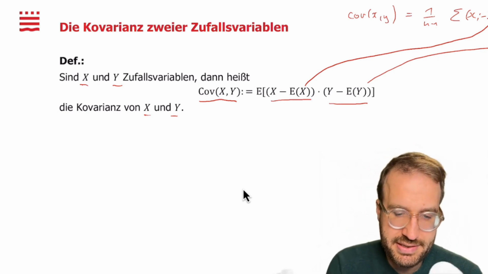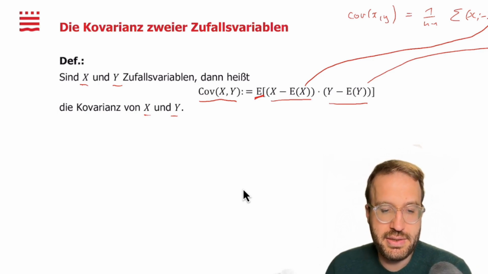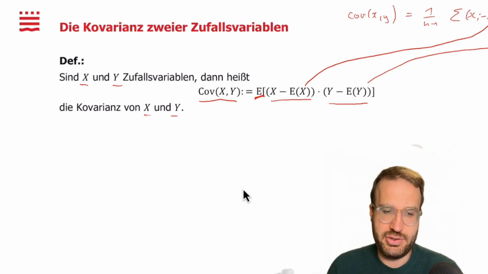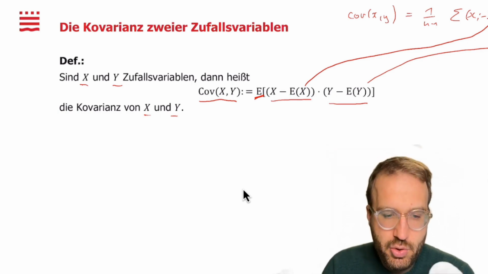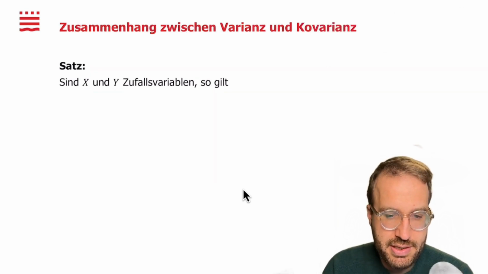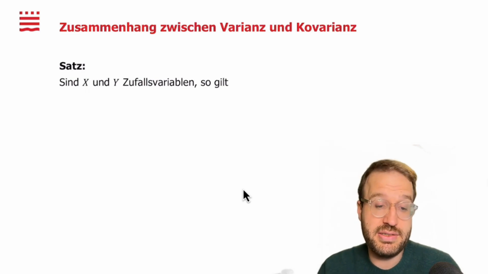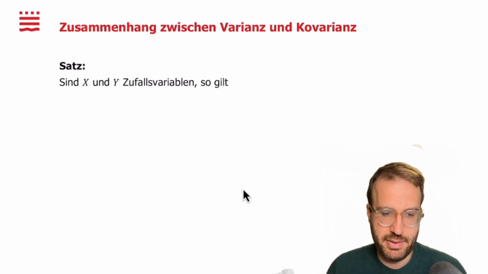And that is exactly the covariance, which represents a relationship between two distributions. And that helps us enormously now, namely, we want to understand how covariance is related to the variance of X and Y and their sum.